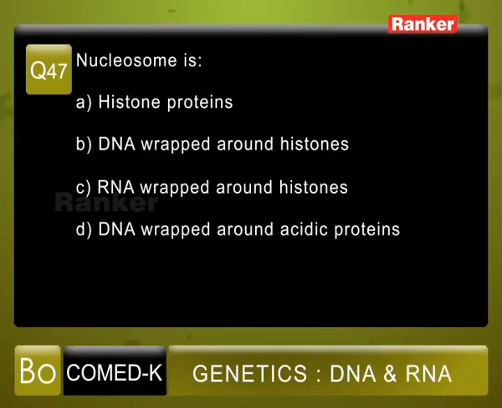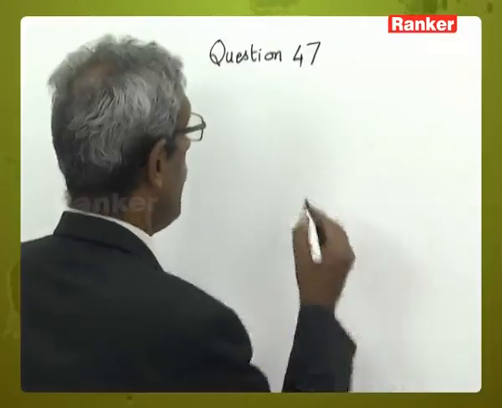What is a nucleosome made up of? Choice A is only histone proteins. B is DNA wrapped around histones. C is RNA wrapped around histones. D, DNA wrapped around acidic proteins. The correct answer is DNA wrapped around histones.